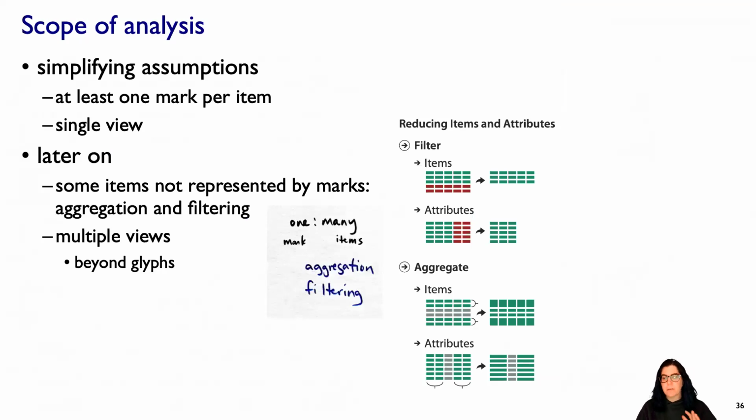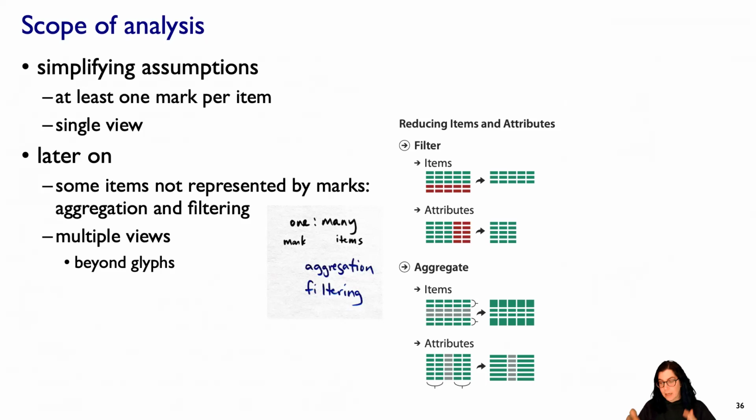Now, let me just mention one thing to wrap up: we've made some simplifying assumptions. We're talking about things as if there's always at least one mark per item. We're also talking about an assumption that we just have a single view in which we're encoding our data. As we get further along, we're actually going to relax both of those assumptions. So later on, we're going to talk about a world where we have some items that don't have their own marks.